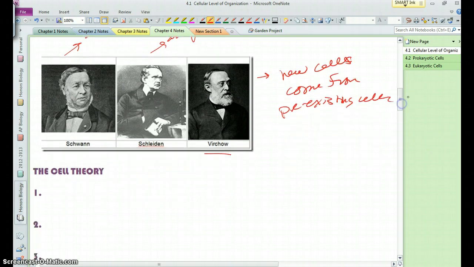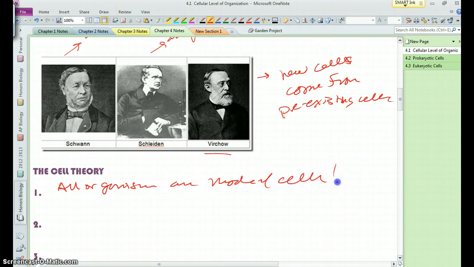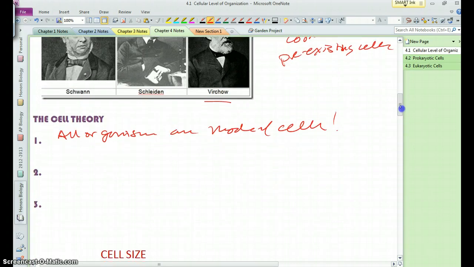And so all of this gave rise to the cell theory. And what does it say? It says one, all organisms are made of cells. Okay, whether you're a single-celled organism, a multi-celled organism, they're all made of cells.